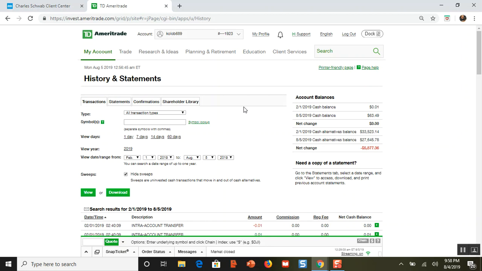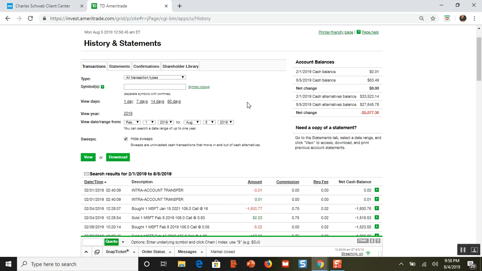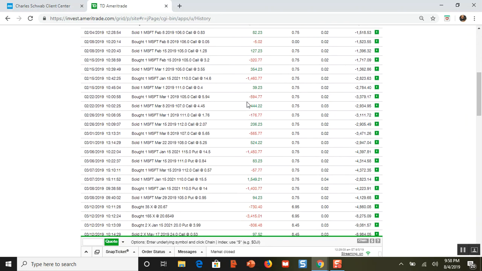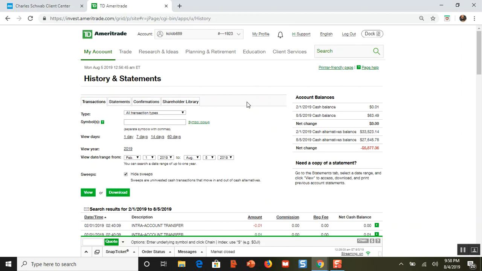I mostly use options for hedging, but I am always trying to up my game. I really want to jump into the SPY, but I don't have enough money yet to go that road. I'm probably going to get back into Twitter. Last Friday, Twitter is a stock, the market went down, but Twitter didn't go down with it.